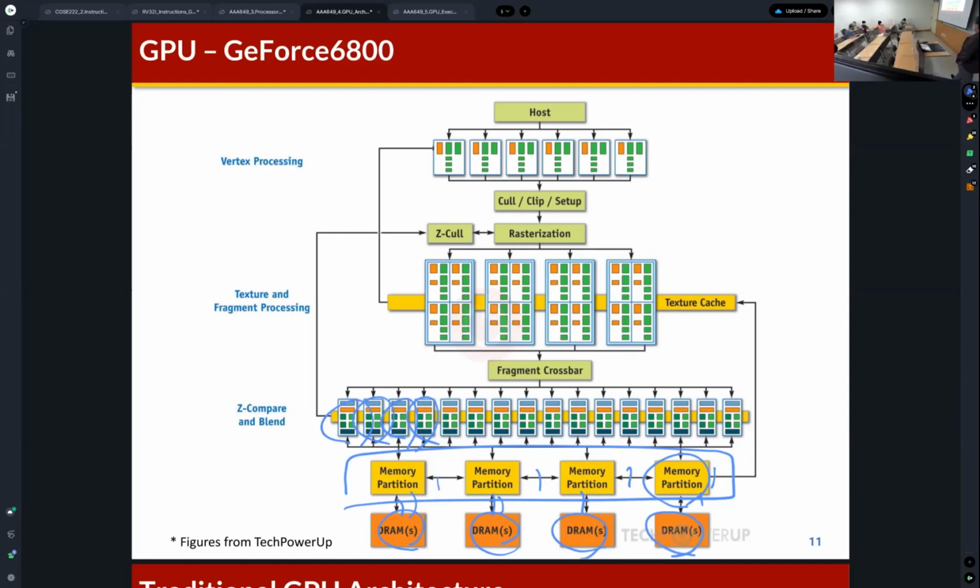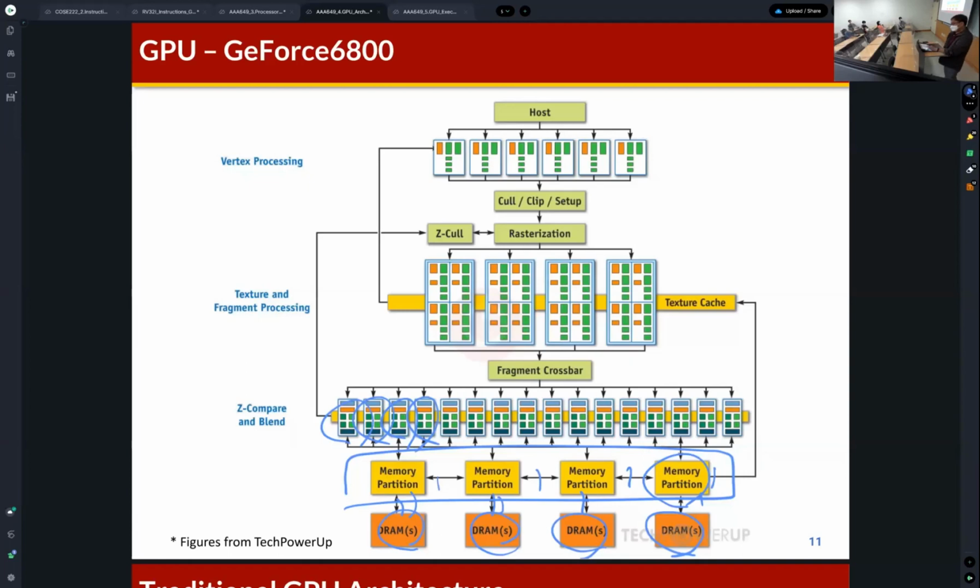That's why the GPU memory is built like this. Also, as you can see, there are many execution engines here, and the execution engines can execute graphics instructions in parallel. So this is the architecture of the early GPU.